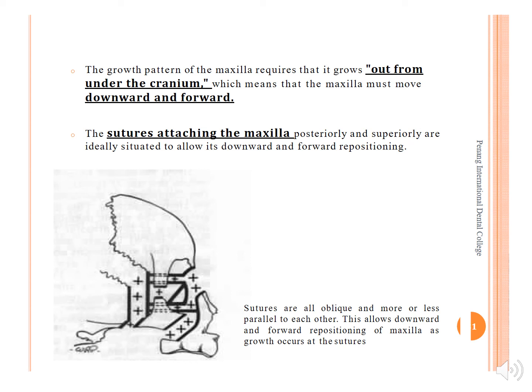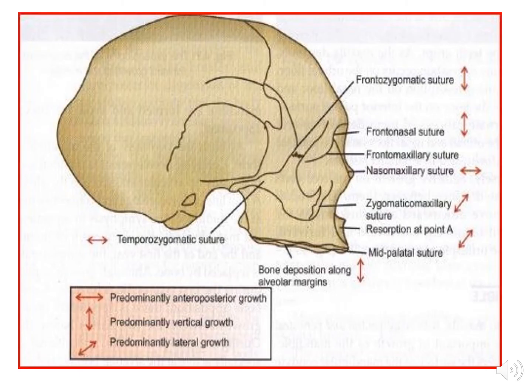This photo shows the sutures are all oblique and more or less parallel to each other. This allows the downward and forward repositioning of the maxilla as growth occurs at the sutures. Now, this slide shows where the bone displaces during the growth at the sutures. For up and down movement of the bone, the growth happens at the frontozygomatic sutures, frontonasal sutures, and bone deposition along the alveolar margin.